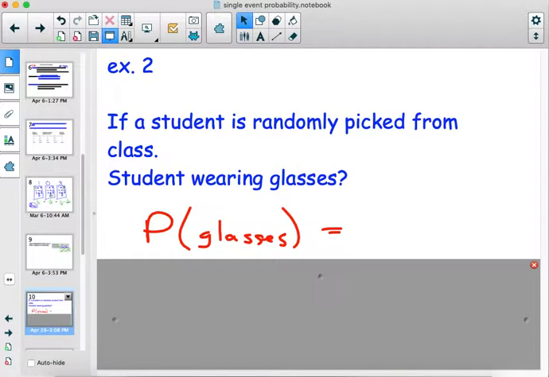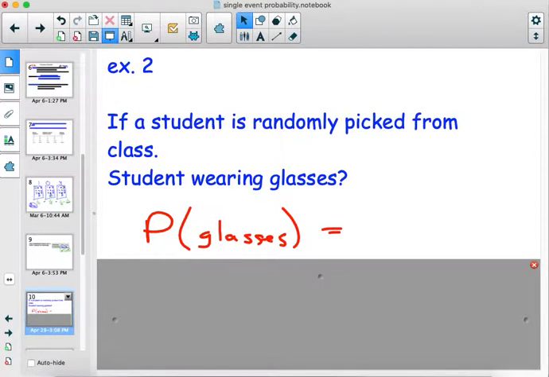Right now, if I was to pick somebody randomly in this class that is wearing glasses, it would be... Should it be student or students? No, I want to know what's the probability of a student wearing glasses.